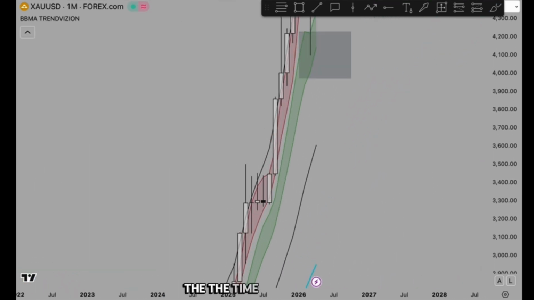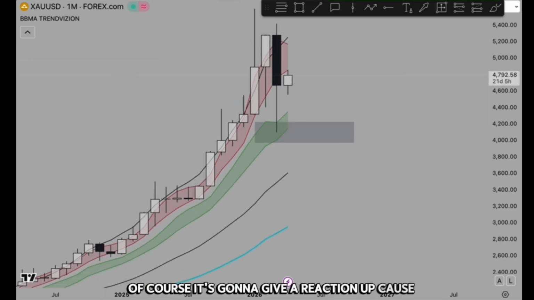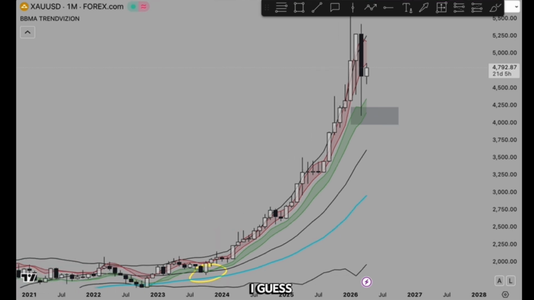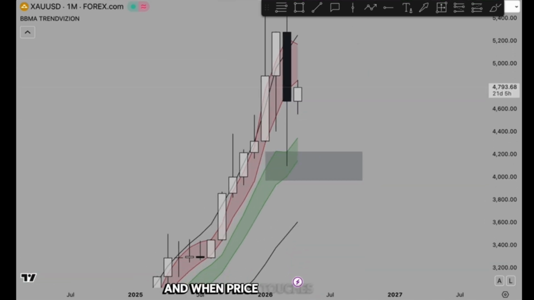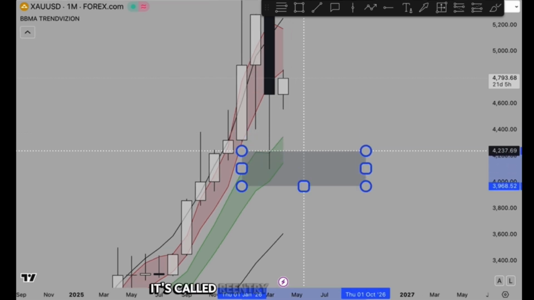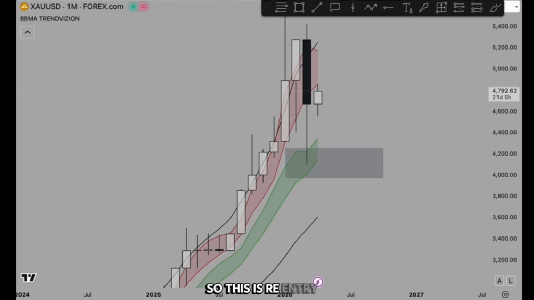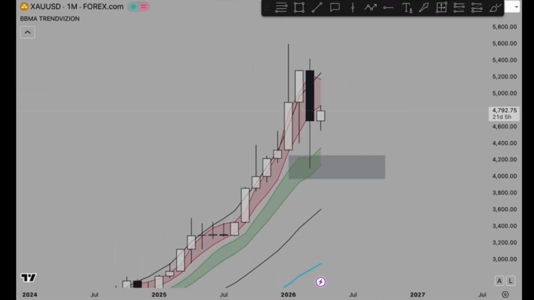So the time it touched here, of course it's gonna give a reaction up because there's been a lot of orders, I guess, at that moving average. And when price touches that area, it's called re-entry, by the way, in BBMA. So this is re-entry from a CSM momentum.